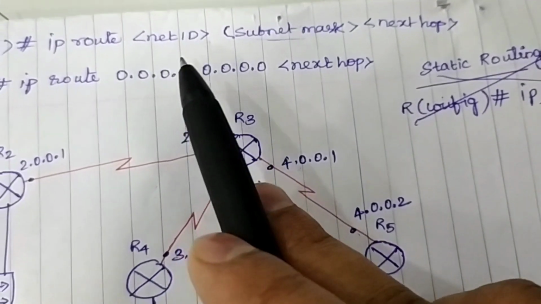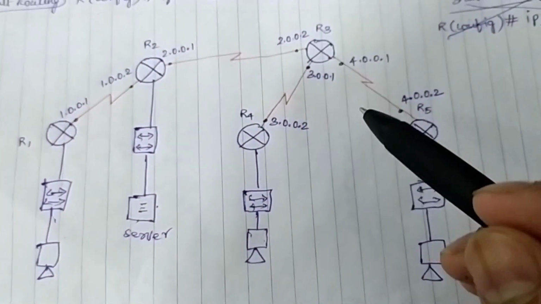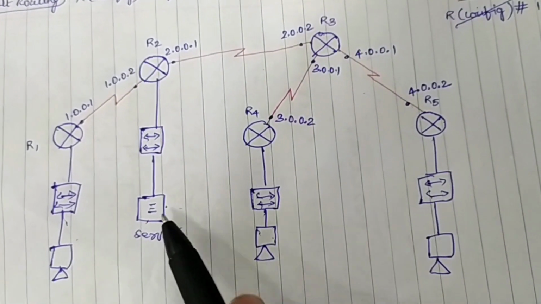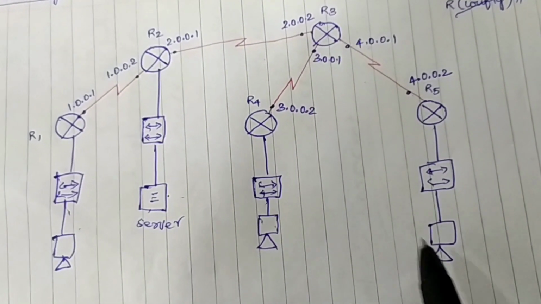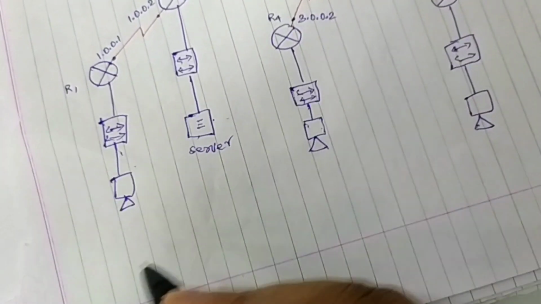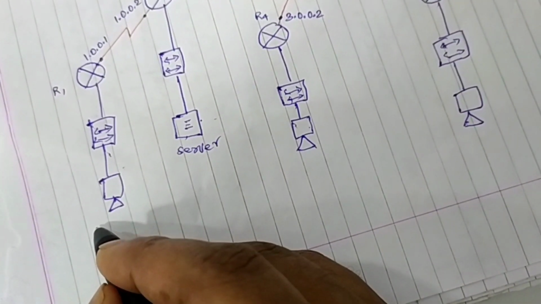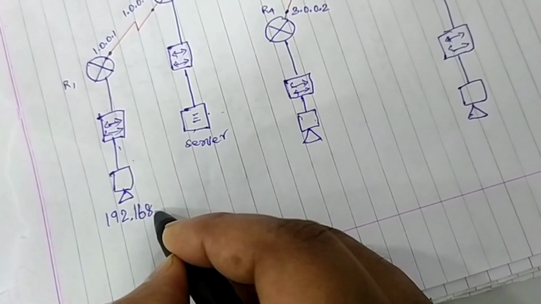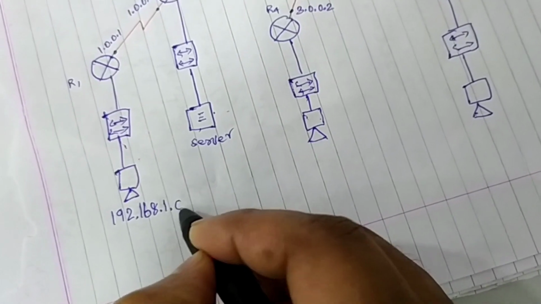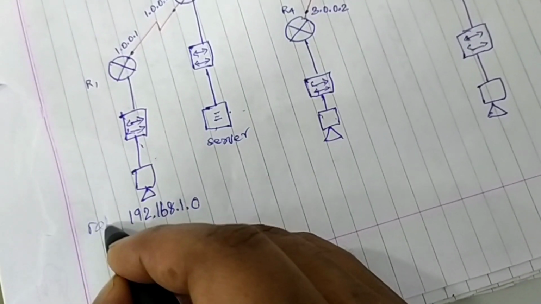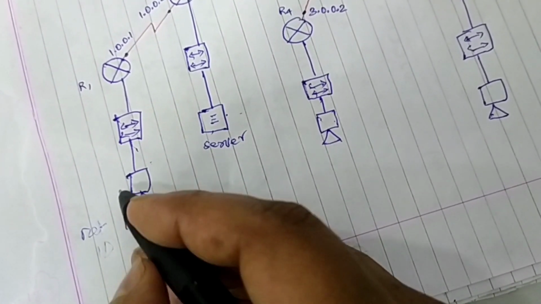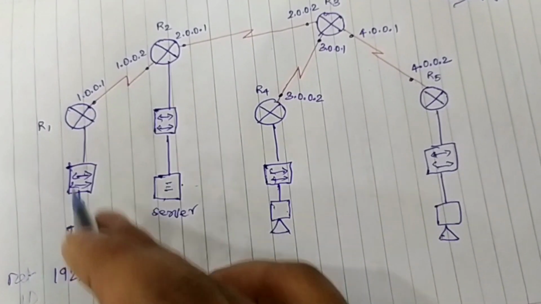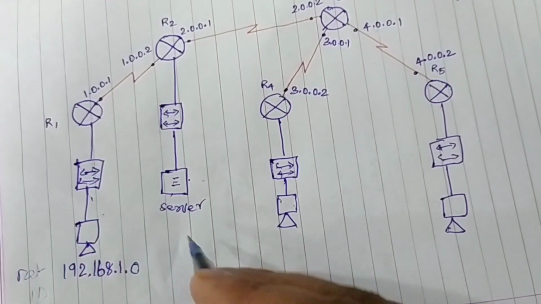So for how many networks do we need to assign the route here? 4 networks. This is the first one, this is the second one, this is the third one, and this is the fourth one. Now I will write the network ID for the first one. If the network ID is 192.168.1.0, this is the net ID, not the IP. This is the net ID of the first network under the R1 router.